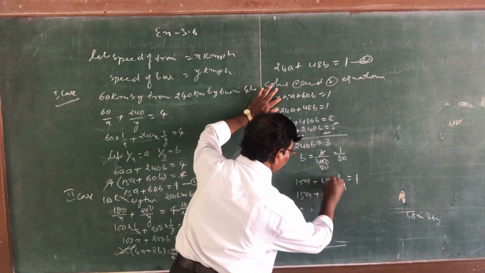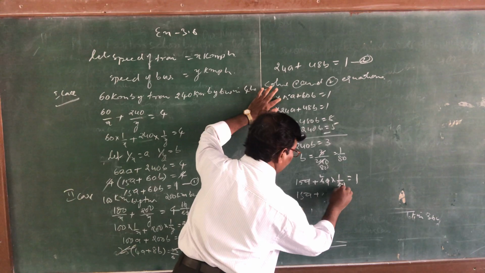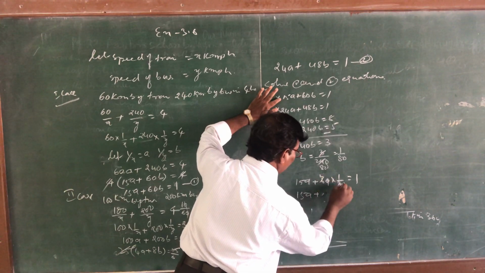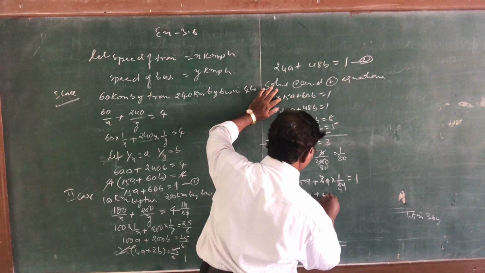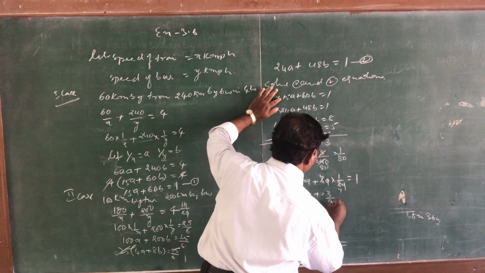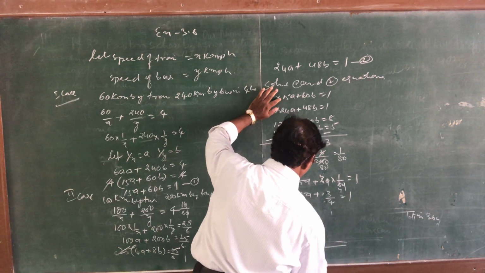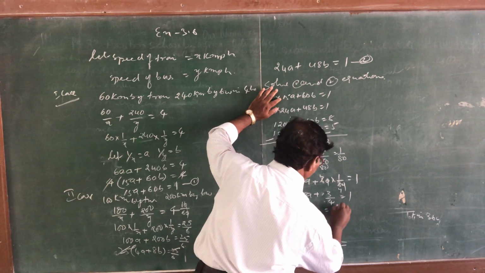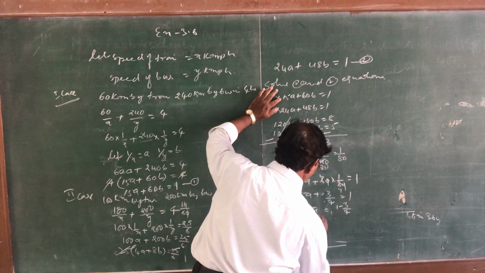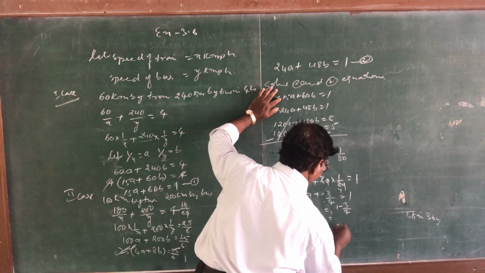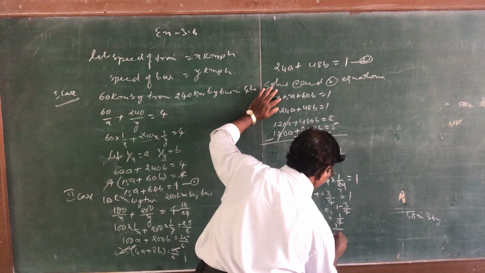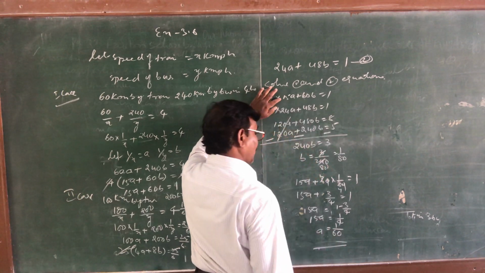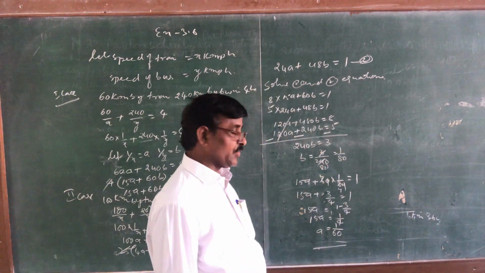So 15a plus 3 by 4 is equal to 1. 15a is equal to 1 minus 3 by 4. 15a is equal to 1 by 4. a is equal to 1 by 60.